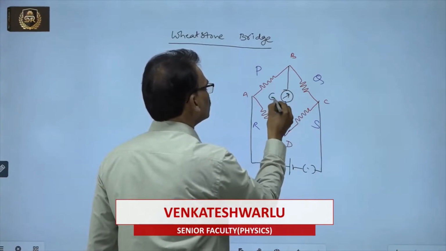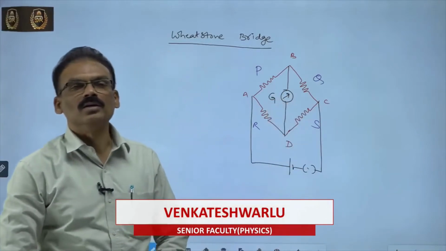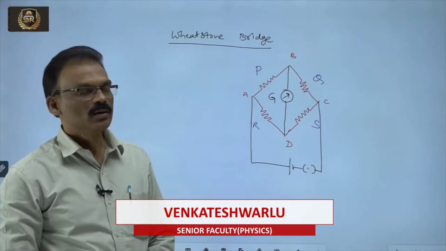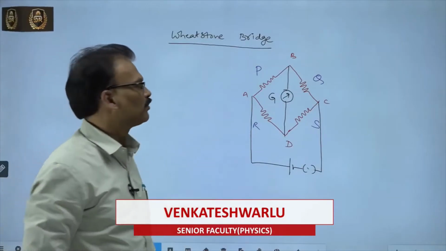Its resistance is G. That galvanometer is like an ammeter and voltmeter, one meter. One indicator will be there. Its purpose I will explain.